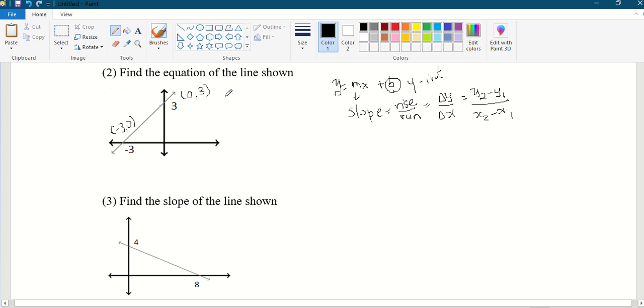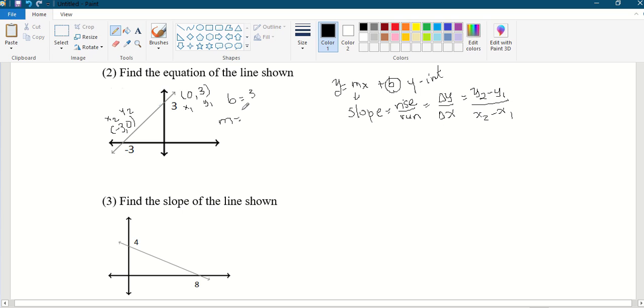So for this particular case, b equals 3, the y-intercept is 3. For the slope, we do y2 minus y1 over x2 minus x1. Let's call this one x1, y1, and this point x2, y2.